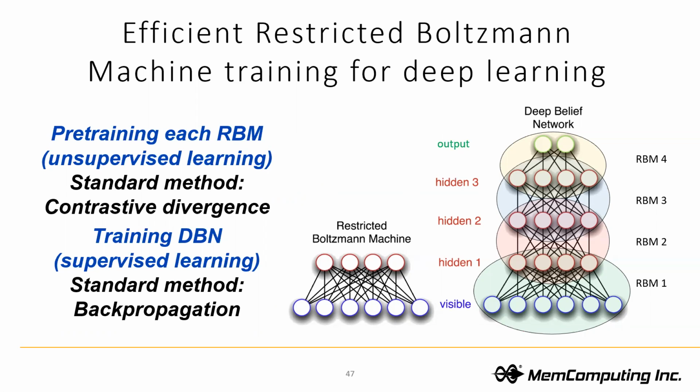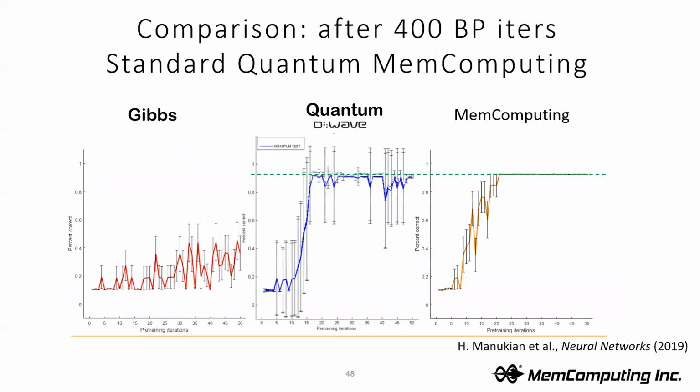Now contrastive divergence is kind of efficient, but really not so much, in the sense that it takes many epochs to make a good pre-training. Here there is, for example, the contrastive divergence using Gibbs sampling that is the most used, and we can see that, for example, within 50 pre-training iterations, our network is still not trained.